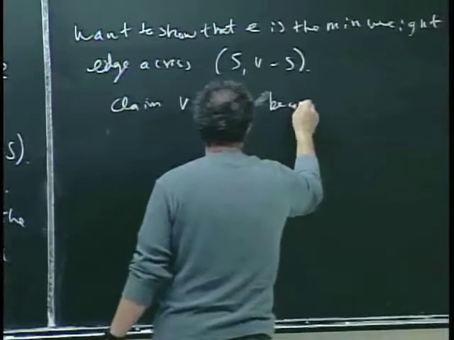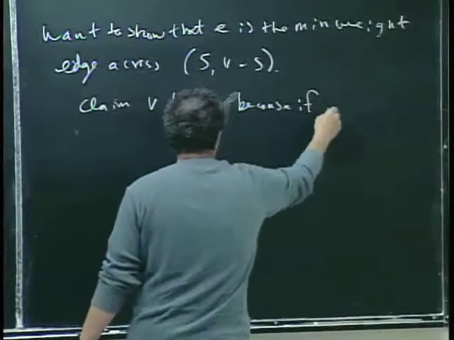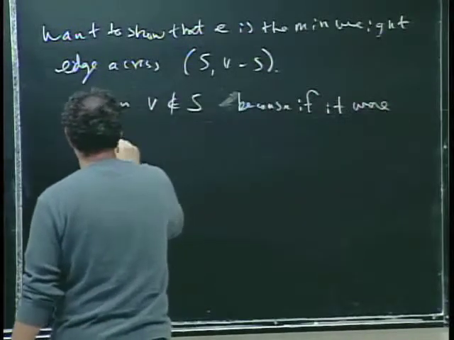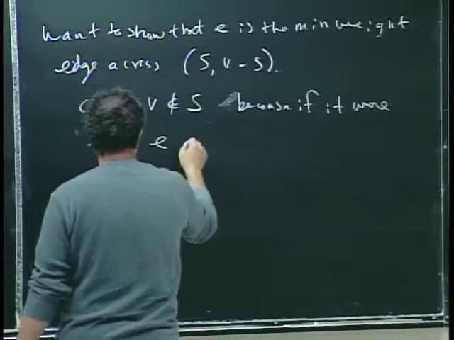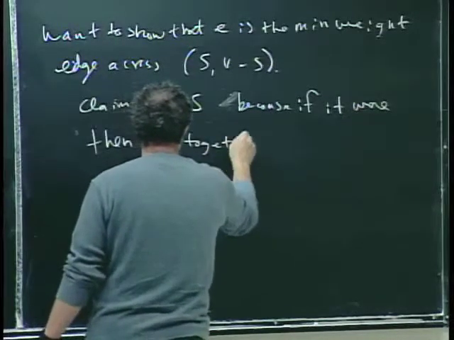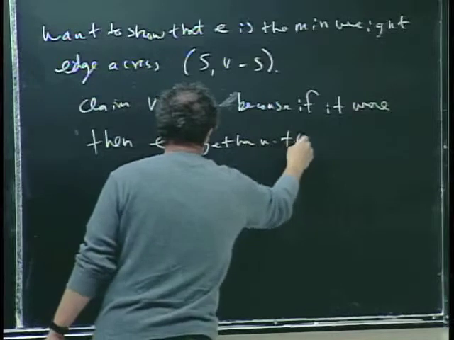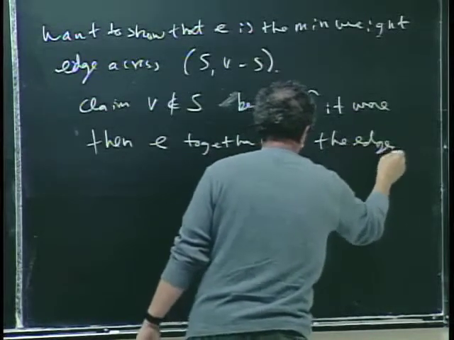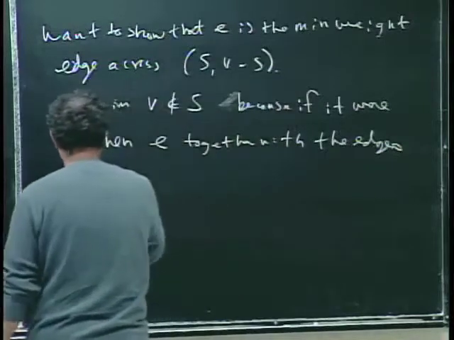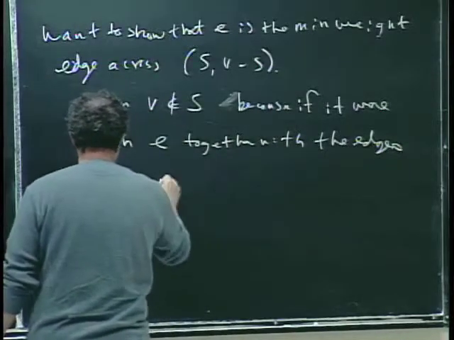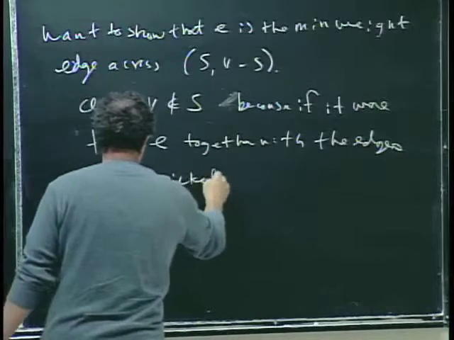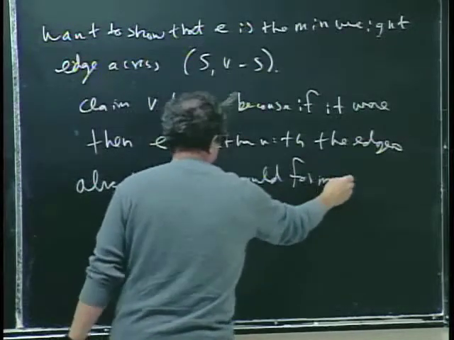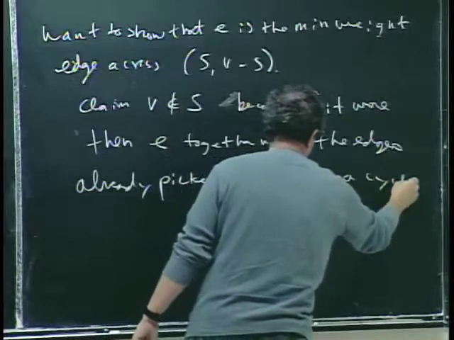Because if it were, then E together with the edges already picked would form a cycle. Why?